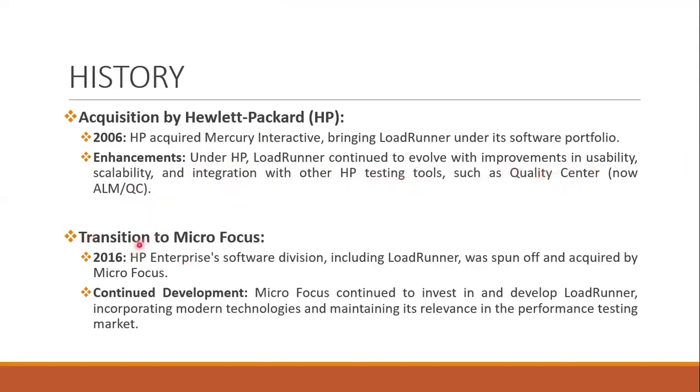In 2016, Micro Focus company acquired LoadRunner from HP Enterprise and started investing more in its development to incorporate modern technologies and maintain its relevance in the performance testing market. And recently in 2023, OpenText company acquired LoadRunner from Micro Focus, and now it is called OpenText LoadRunner.